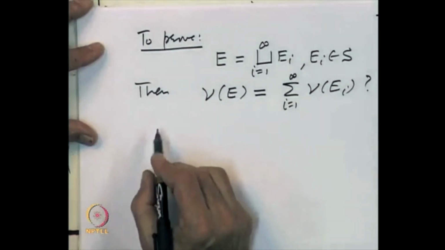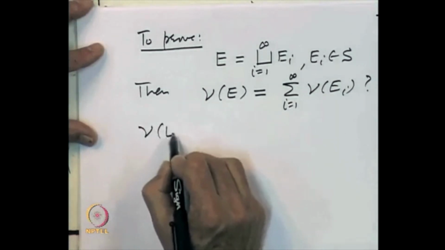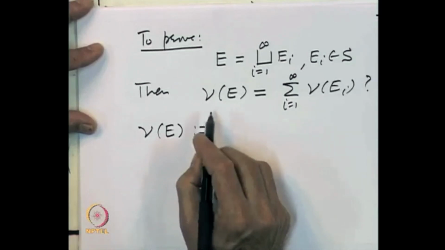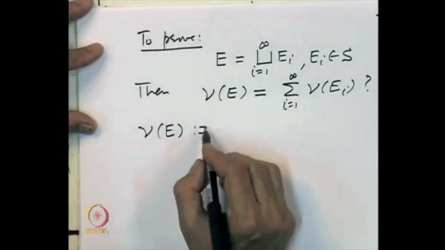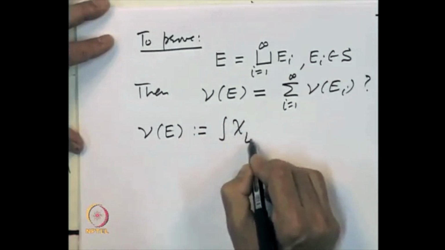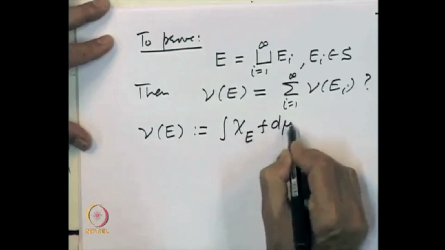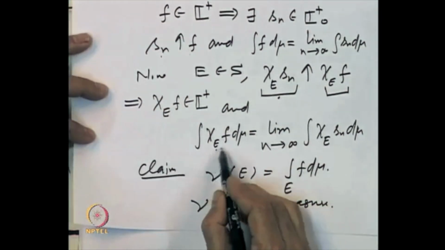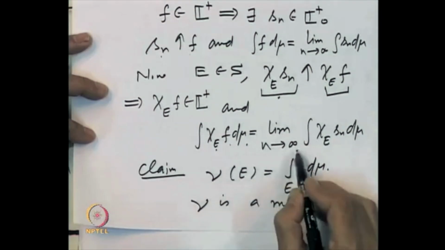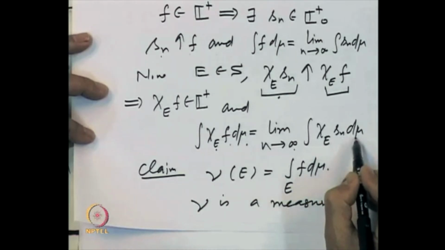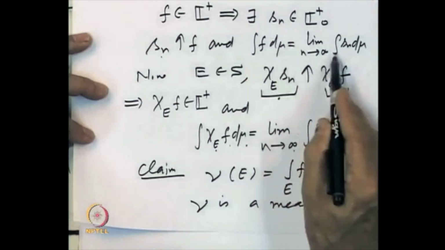So let us start by looking at nu of E. By definition, nu of E is nothing but the integral of the indicator function of E times f d mu. And that integral is nothing but the limit of the integral of the indicator function of E Sn d mu, by the fact that Sn is increasing to f.